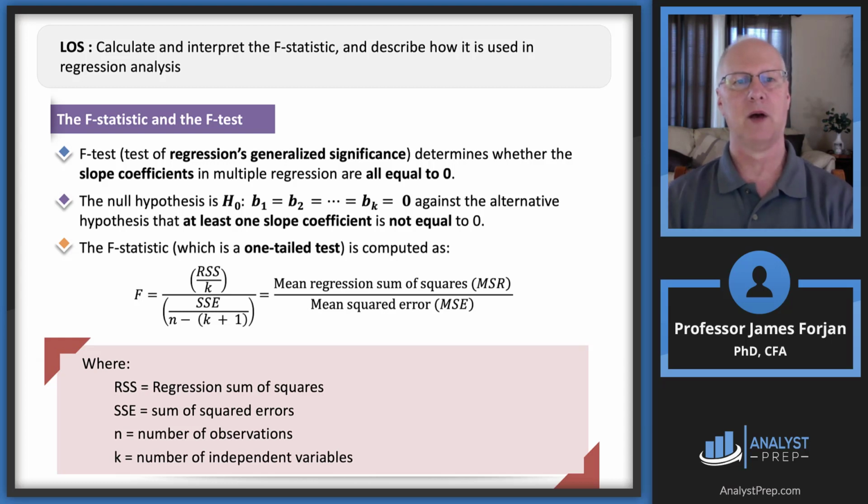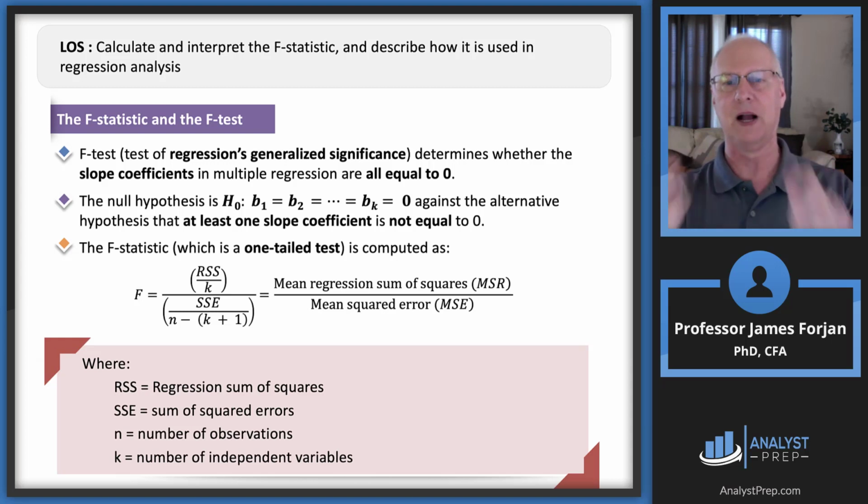The next LOS really could be called something like, hey, do you remember we wasted your time back in simple linear regression doing the F-test because F and T gave us pretty much the same result? Well, the reason it wasn't a waste of time is because we wanted to expose you to the F-test back in simple linear regression, so you got the basics, so then you would really super understand it once we got to multiple regression.